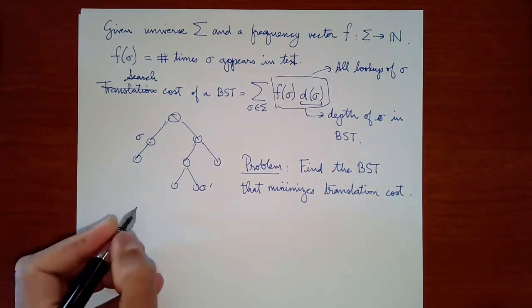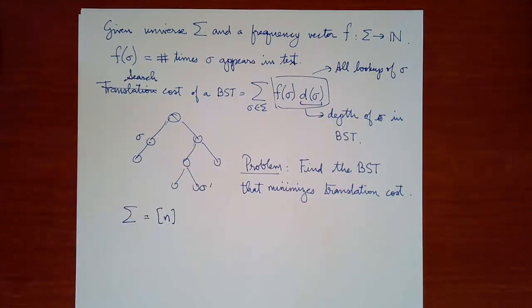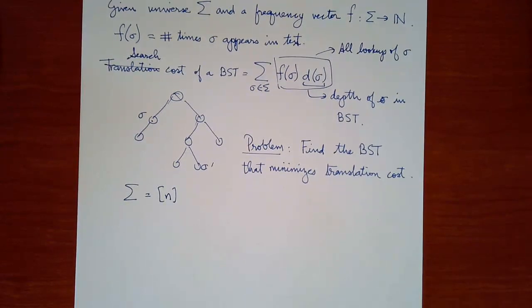Okay, let's make life easy and just think of the universe being 1 to n. This is going to make life easier. When you have a tree, there is clearly a recursive substructure. So now let's think a little aloud on how we're going to solve this problem using dynamic programming.